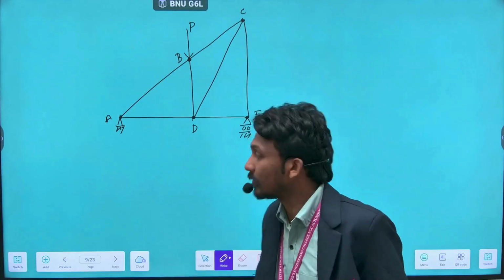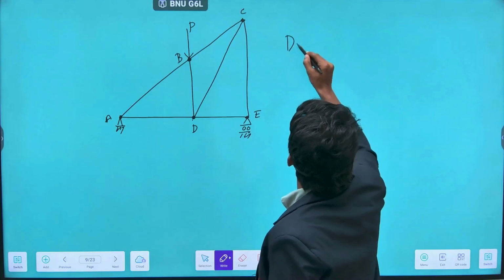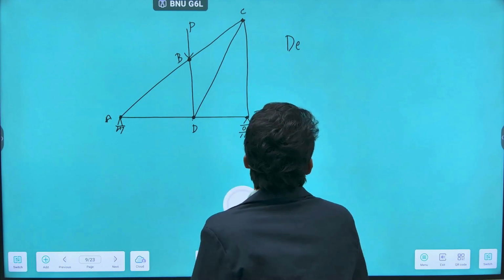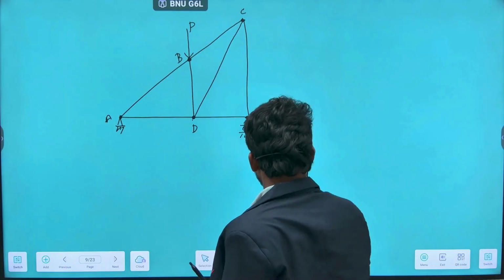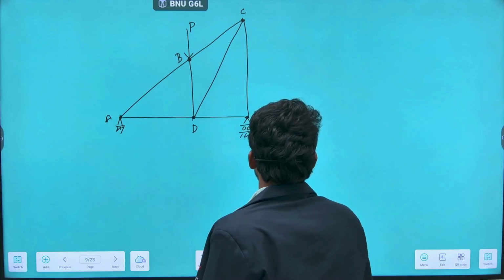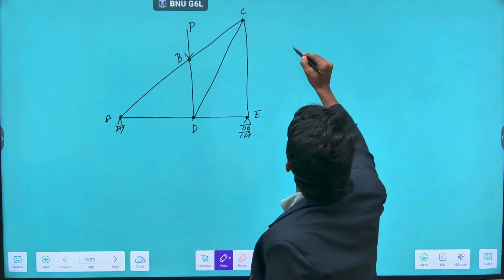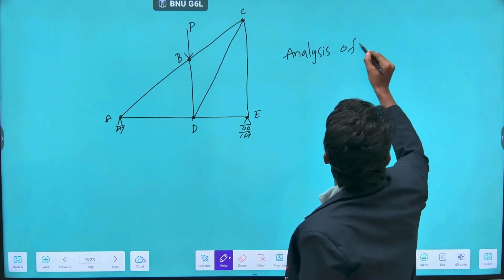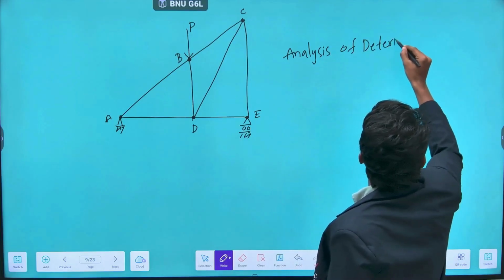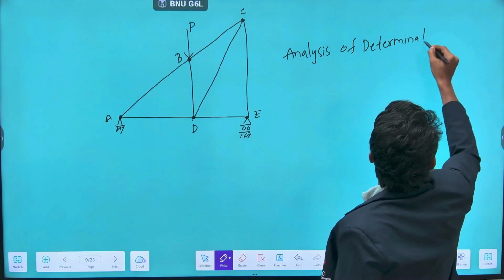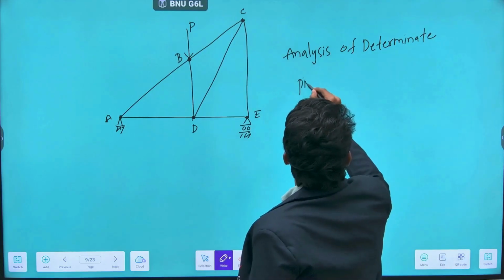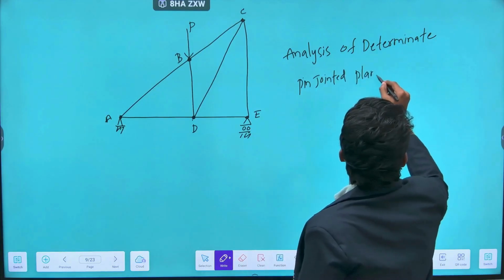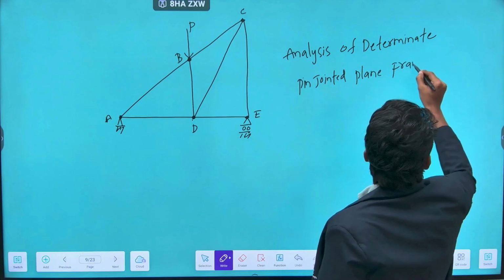Now let us see, what is the topic? Determinate analysis of pin jointed plane frames.